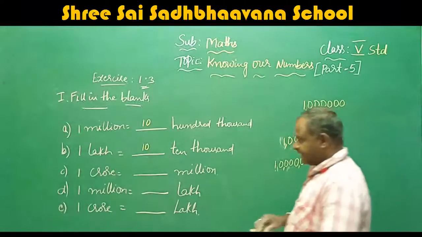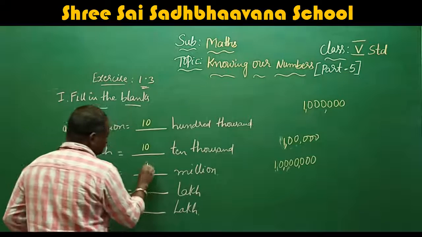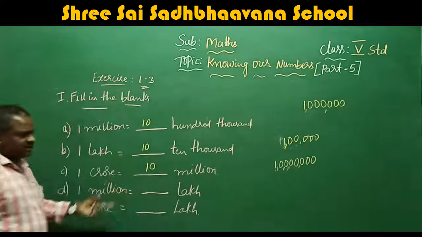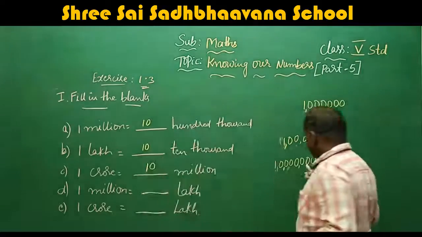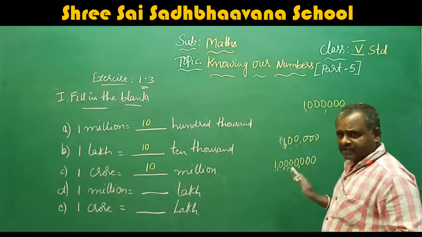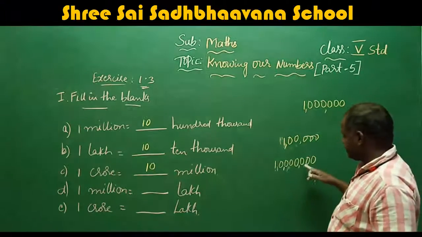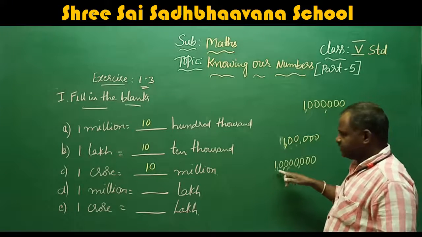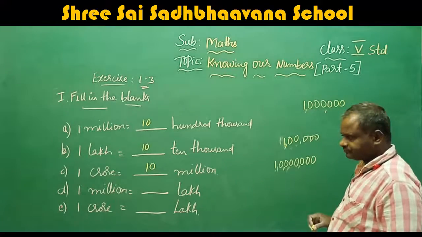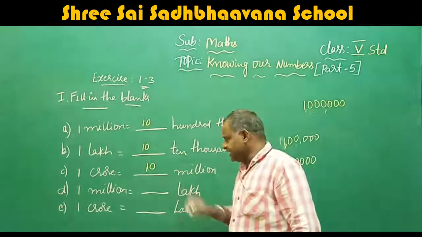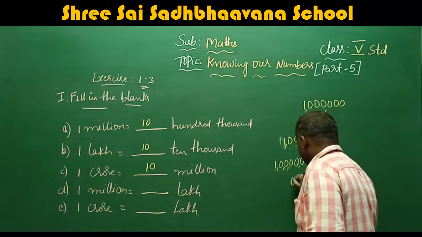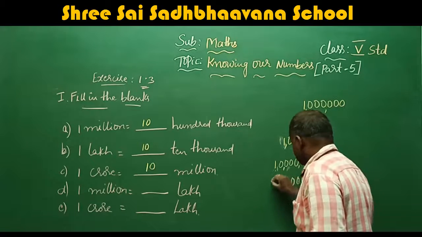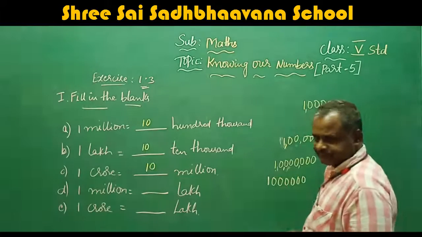So 1 crore is equal to 10 millions. Now you understand? First write 1 crore, then mark the commas in the international system, 3, 3 and next 2, that is 10 million. Next, 1 million.